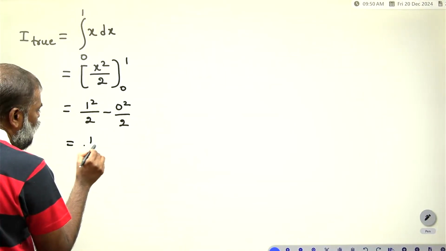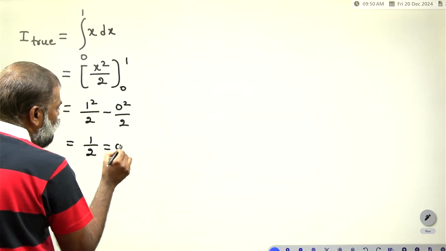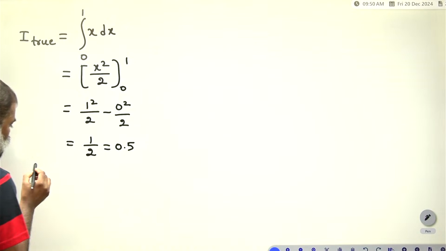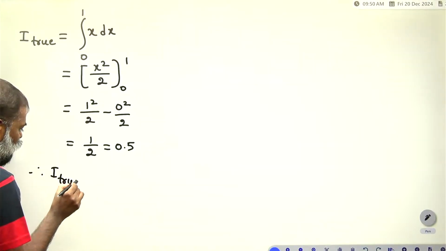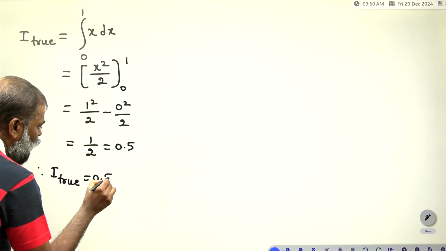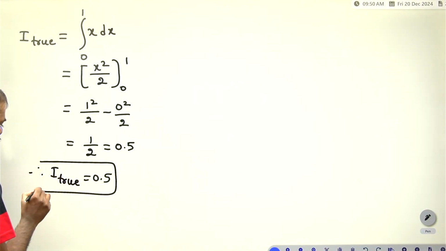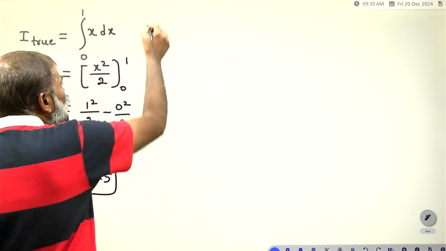So that is 1 by 2, equal to 0.5. Therefore, the true value of the integral is 0.5. Now we have calculated the true value of the integral.